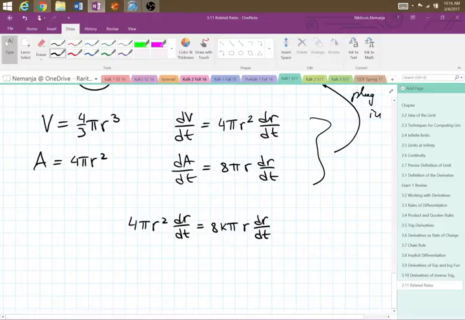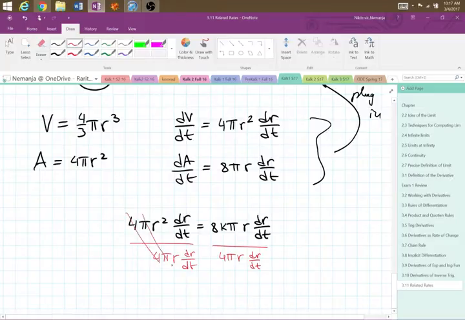Divide both sides by r dr/dt. 4 pi, we can divide both sides by 4 pi r dr/dt. So that dies, that dies, that dies, that dies, leaving only r.